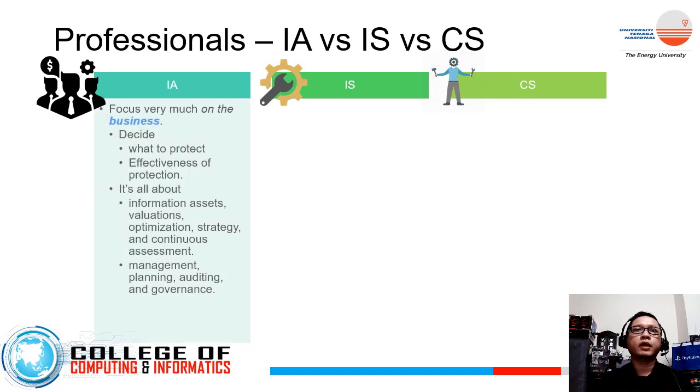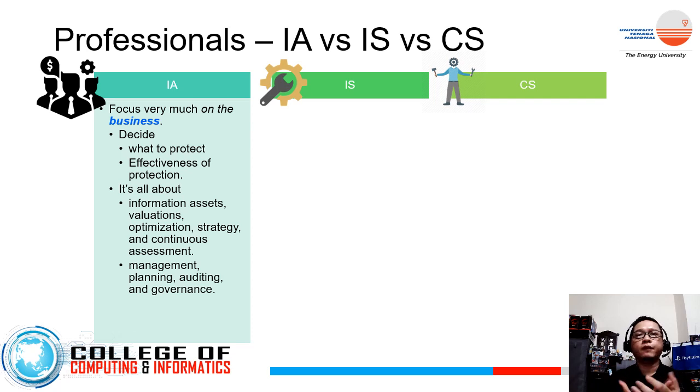So when we talk about IA, it very much focuses on the business process. Remember, you have information assets. Information assets include when your customer enters information, when you keep that information, and perhaps use that information to help their transaction. So IA focuses more on information asset valuation.